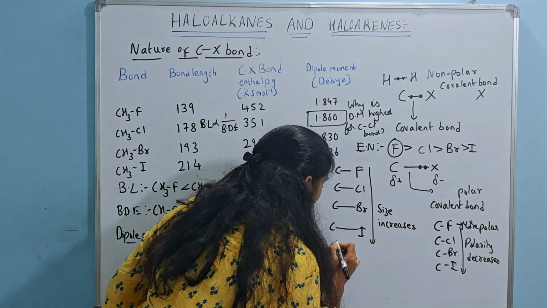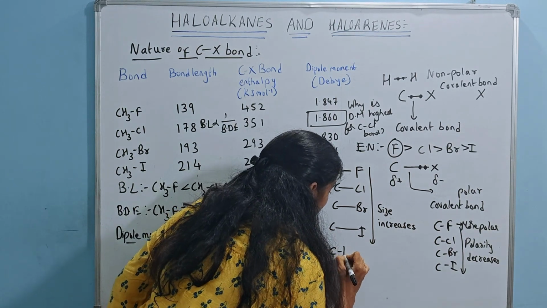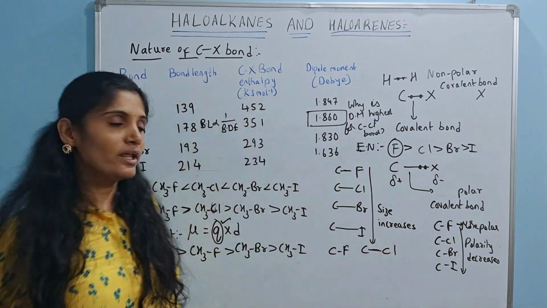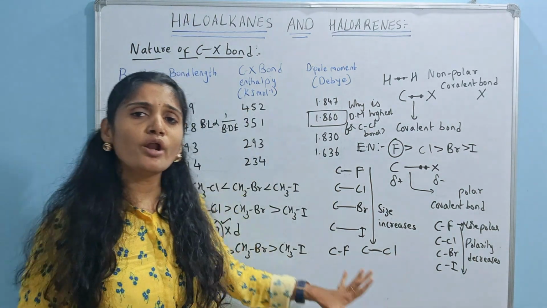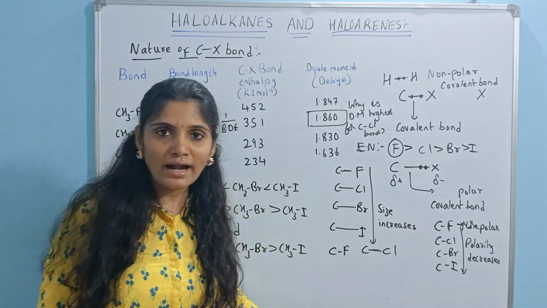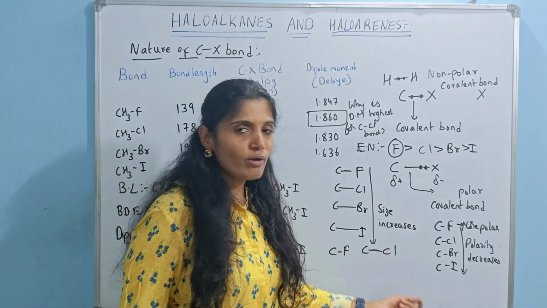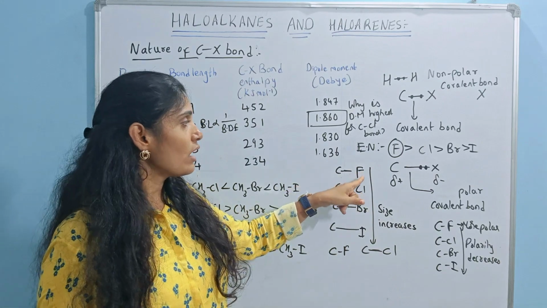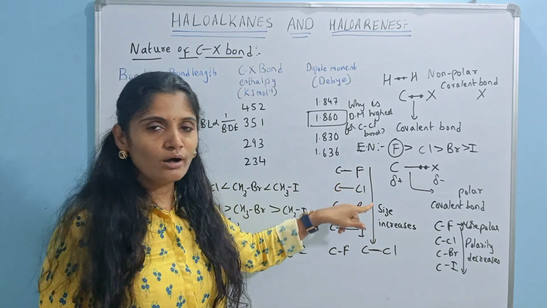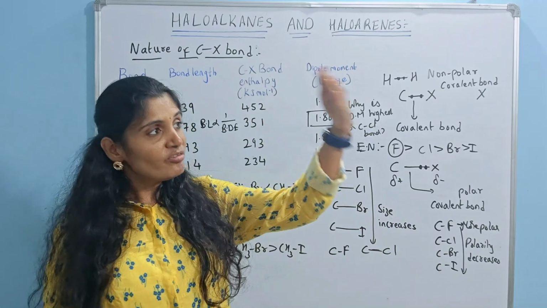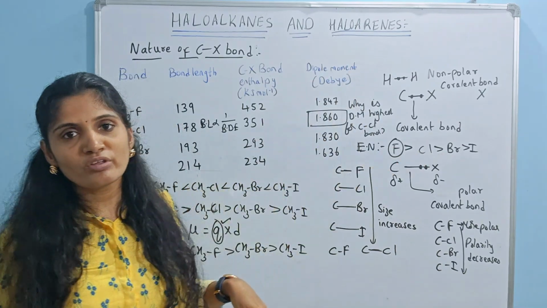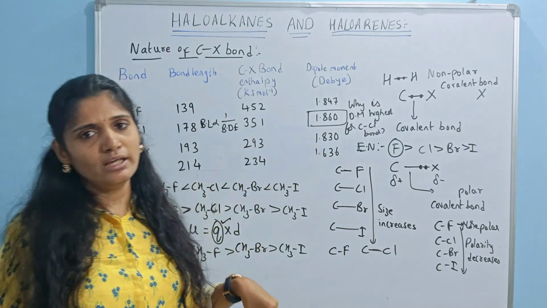When you take your carbon fluorine bond and your carbon chlorine bond, yes, we do agree that carbon fluorine bond is highly polar due to high electronegativity of fluorine atom. But as you have studied in the periodic table, fluorine belongs to the second period, chlorine belongs to the third period. From second period to third period, there is a very big jump with respect to the size. The size suddenly drastically increases.